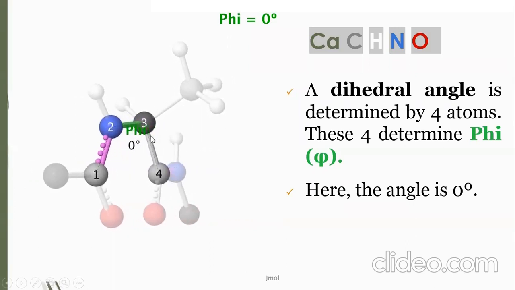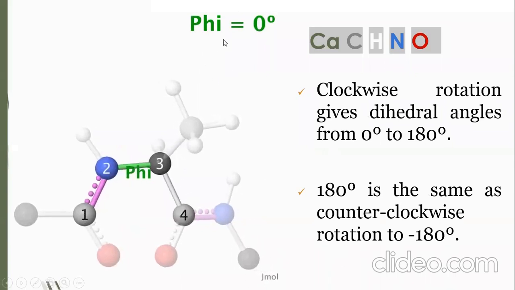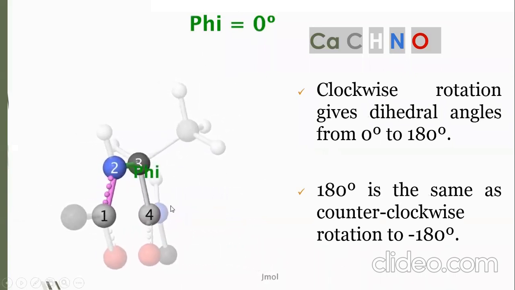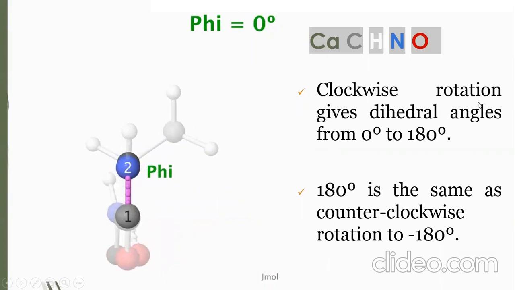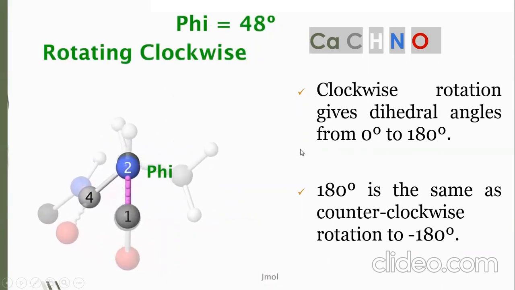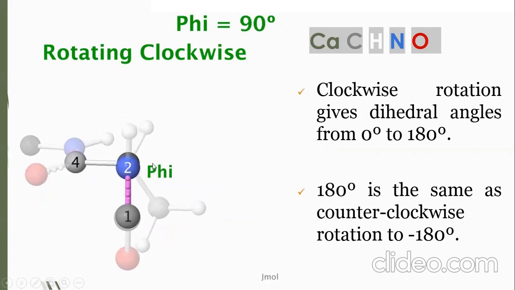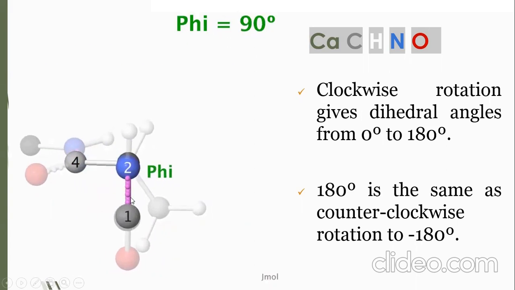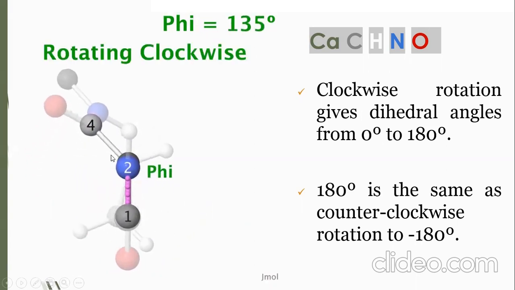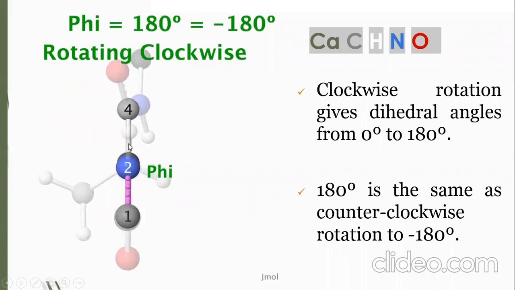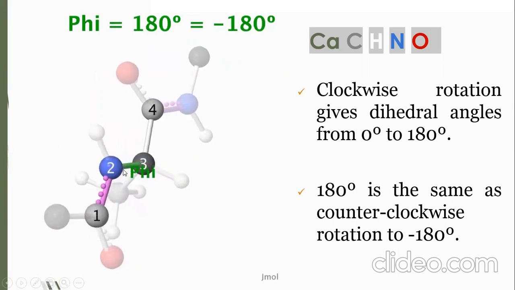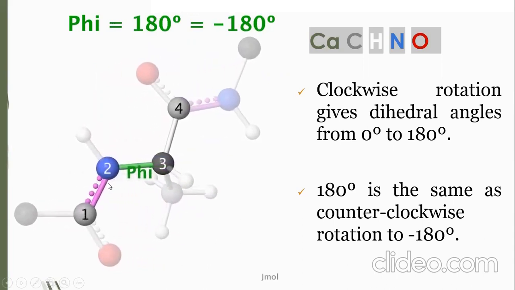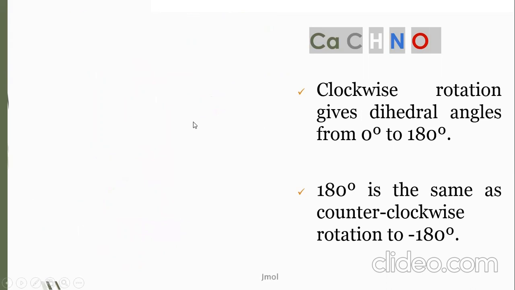Next, if Phi is equal to 0, how can we determine further? Move it in a clockwise rotation. If it is in this conformation, Phi is 90 degrees, because these two bonds are making 90 degrees. If it is like here, that is minus 180, because they are like that.